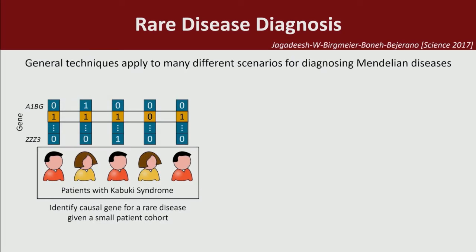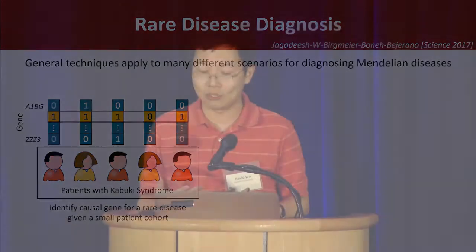The techniques I described here actually are applicable more broadly to many different scenarios. So I started by describing one such scenario where we have this group of patients, and our goal is to identify a causal gene that afflicts all of these different patients. But we can also consider other scenarios in the genomic space where our techniques apply equally well.